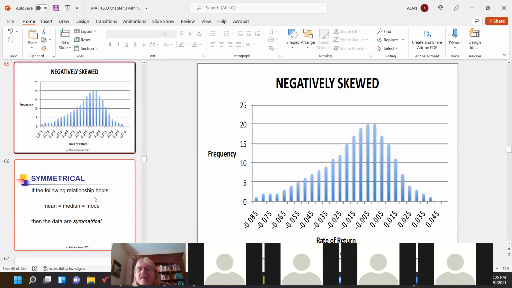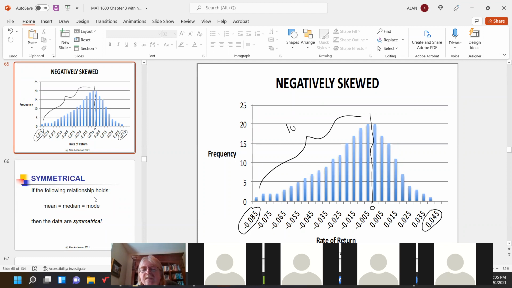Okay, now here the bars represent returns. So in other words, for example, this tiny little bar down here represents a loss of 8.5%. Whereas way up here, this one represents a gain of 4.5%. So if you notice, 0 is right about here. So that means these are all losses. And these are all gains. And what we notice is that on balance, there's a lot more losses than gains.